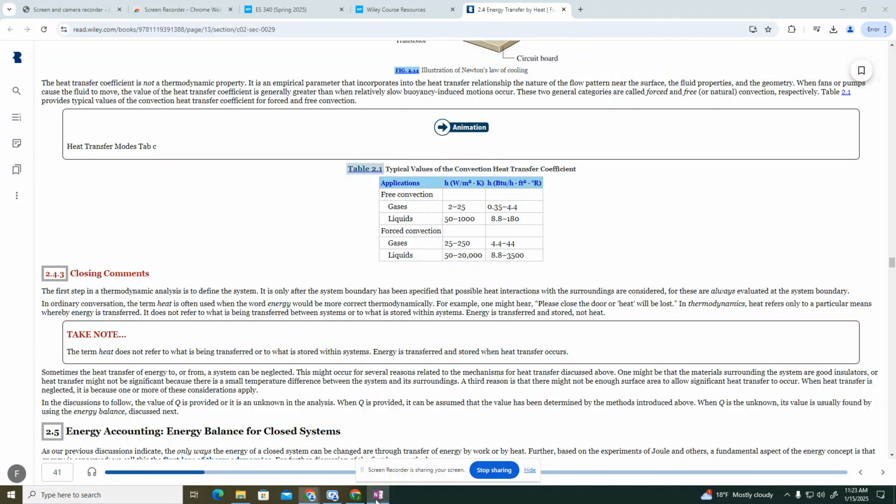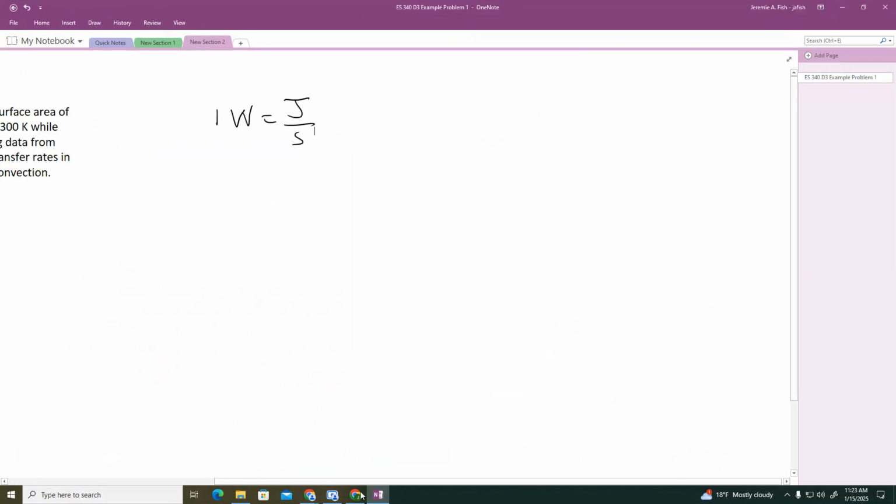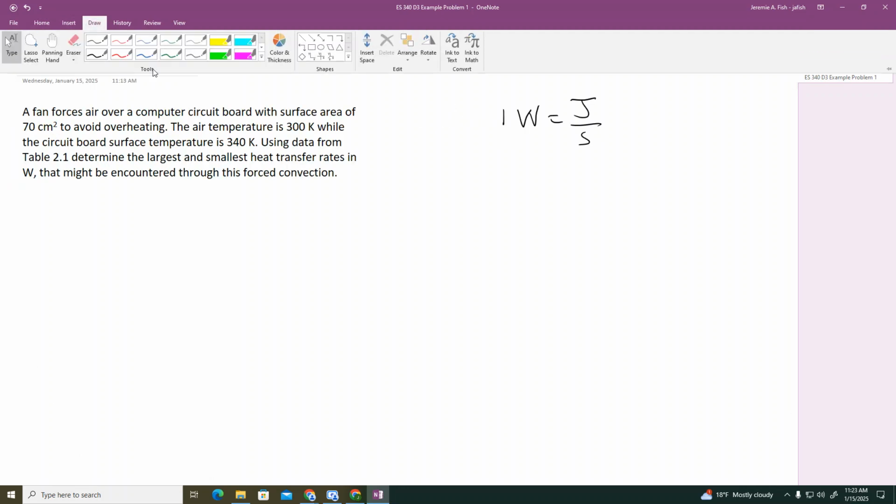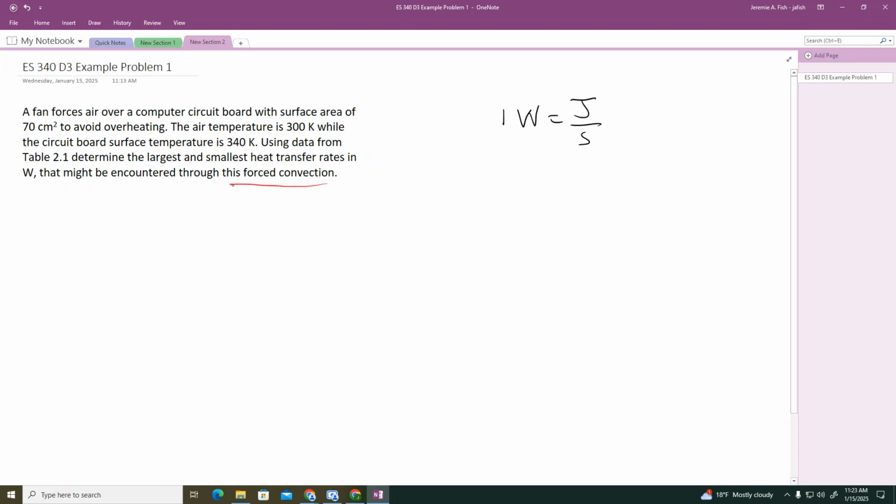So let's go back to the problem and see what scenario we're looking at here. This is specifically stated to be forced convection, and it's air that's being forced over. So air is a gas in any form of scenario one could imagine, pressure and temperature-wise.